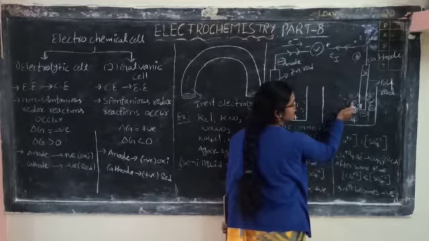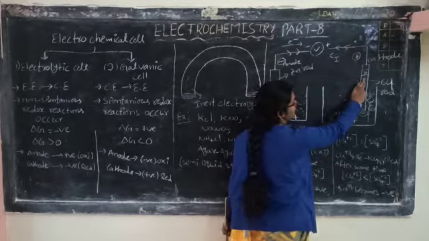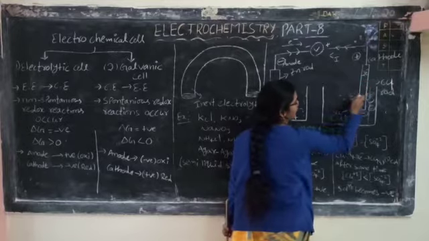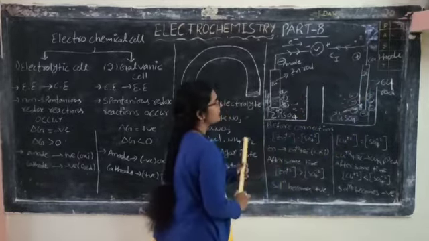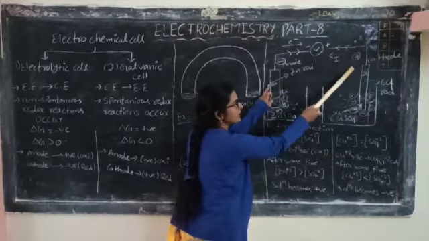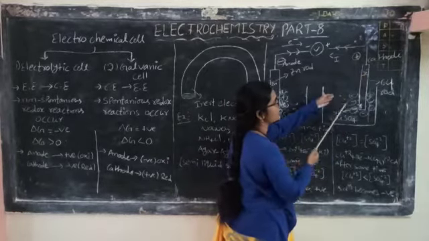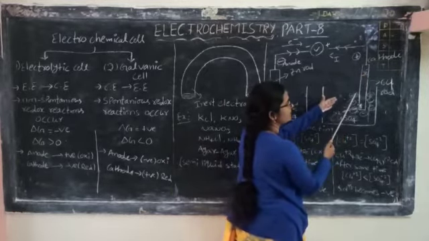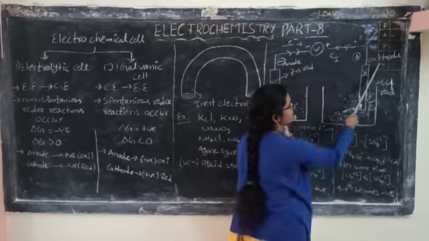The solution has a negative charge and electrons also have a negative charge, so finally both repel each other. So finally, electrons are not moving towards the cathode side, and electrons are not entering the solution because repulsion is present between the negative charge of the solution and the electrons present in the cathode.